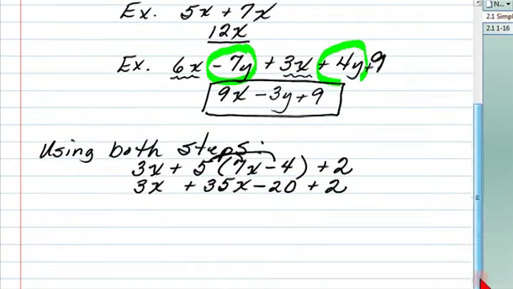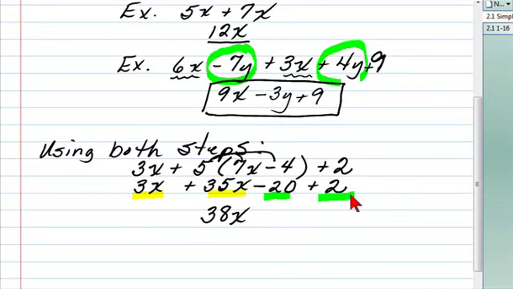Step 2 of simplifying is scan across and see if you see any terms that are alike. Yes, I see a 3x and a 35x, which together make 38x. I also see a minus 20 and a plus 2, which gives me how much?